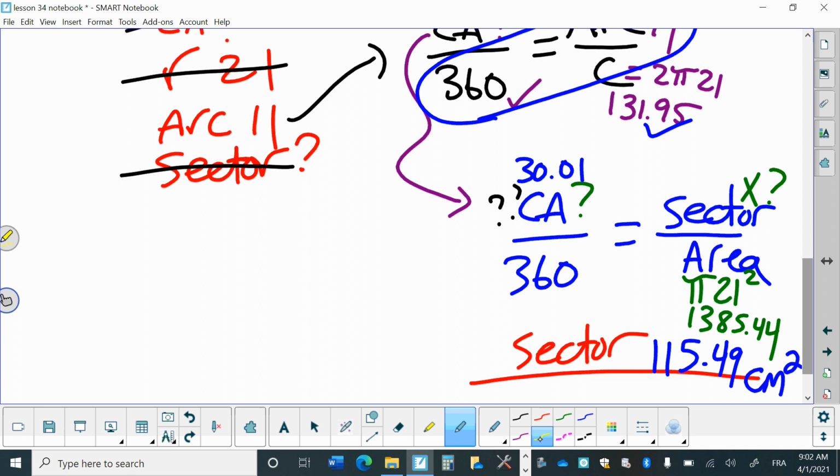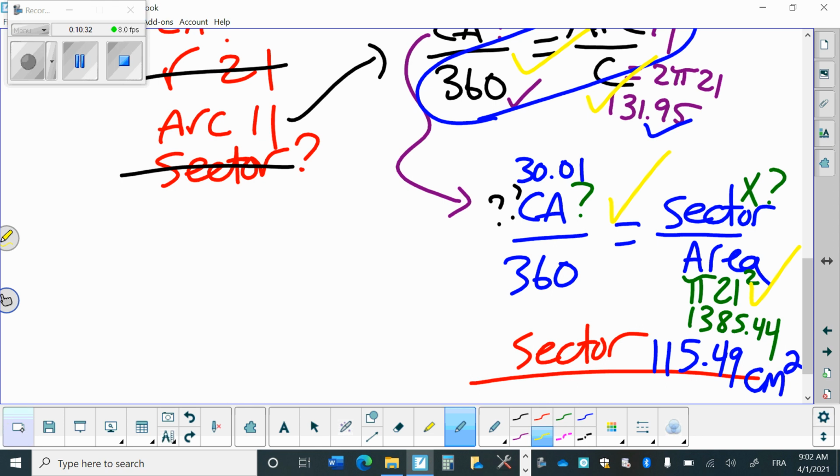So notice I'm using a sector formula, I'm using area formula, I'm using circumference formula, and I'm using arc formula. So I'm using 4 formulas in that question, okay?